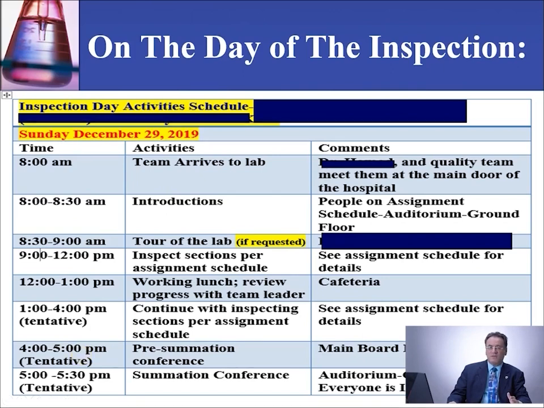It's private, just for them alone to finish their paperwork. And then usually 5 to 5:30 will be the summation conference, which is public, where every CAB team member will tell you about the sections that they inspected and tell you about the citations if there are any.